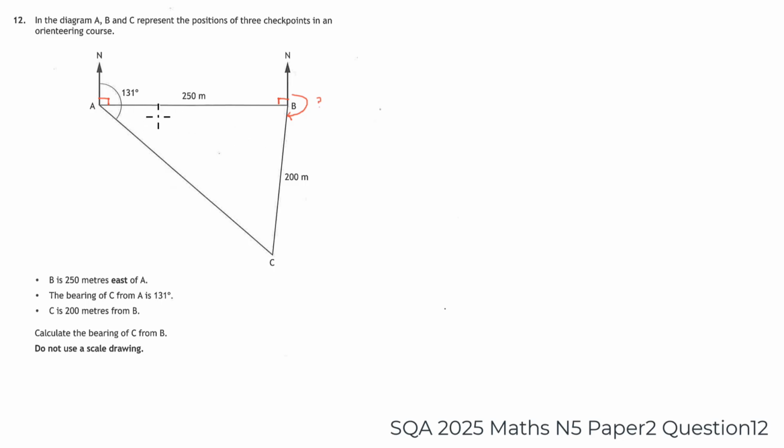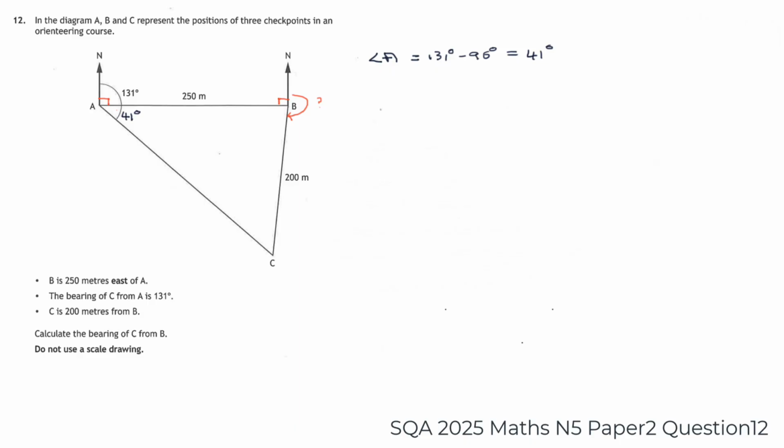Well, not a lot, 2 lengths, but we can find this angle. This whole angle is 131 degrees, and part of that 131 degrees is taken up by this right angle. So the angle at A we can find by subtracting 90 from 131. That'll give us 41 degrees for this angle in here.